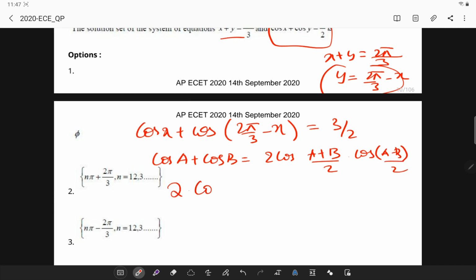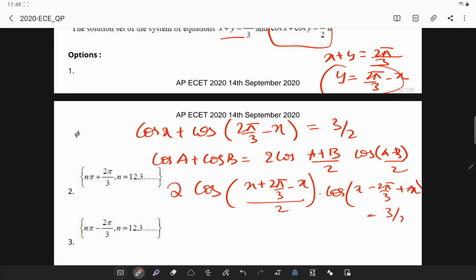So here it will be 2 into cos of (x plus 2 pi by 3 minus x) divided by 2, into cos of (x minus 2 pi by 3 plus x) by 2, is equal to 3 by 2.